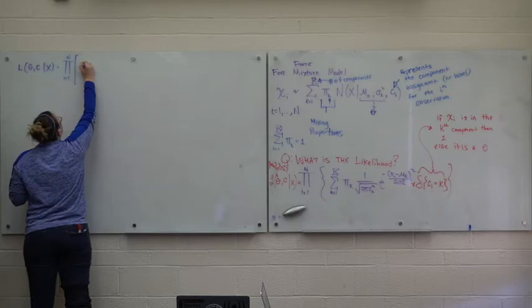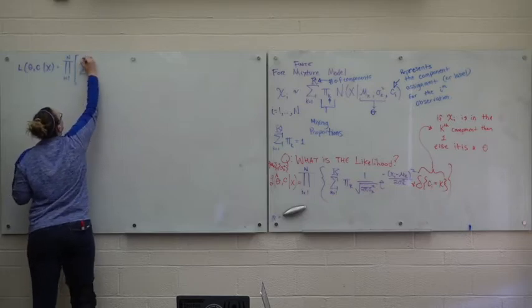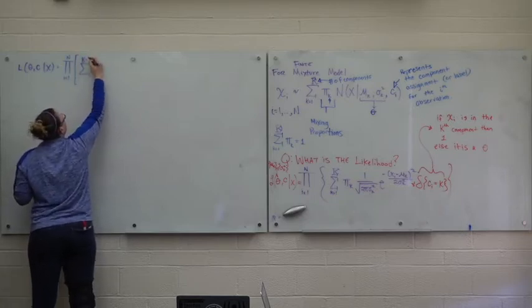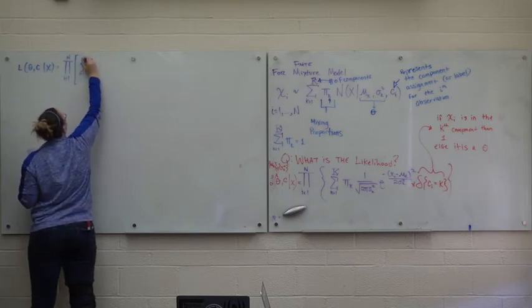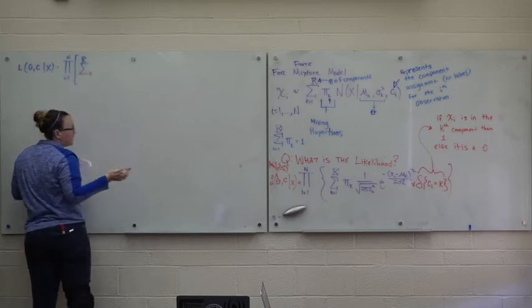We will do the sum over K equals, this can be 2, 3, whatever, I'm going to keep it general. Could be 700 if you want.